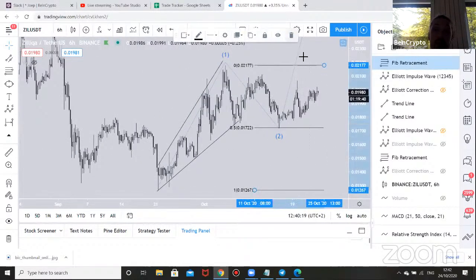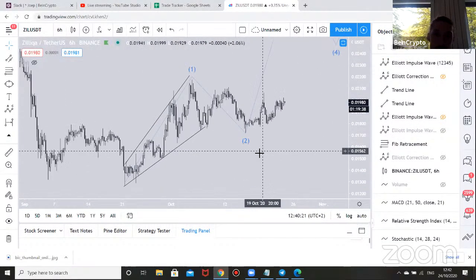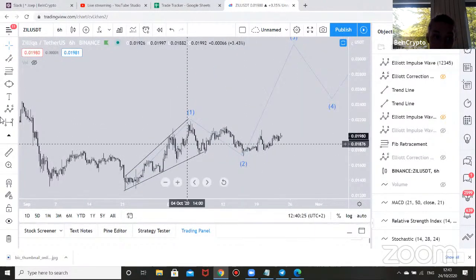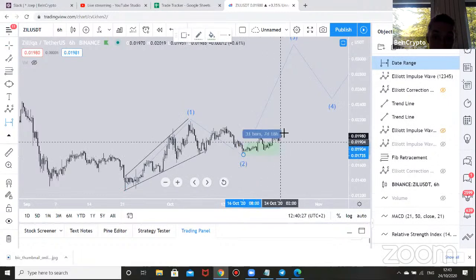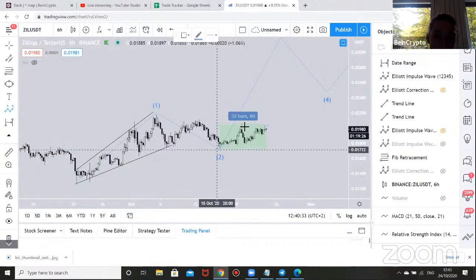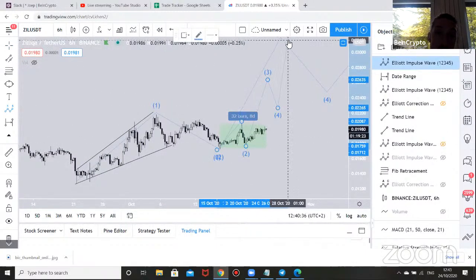Now, there are 2 ways to trade this. The first one would be assuming that this is the beginning of wave 3. So probably something like this.